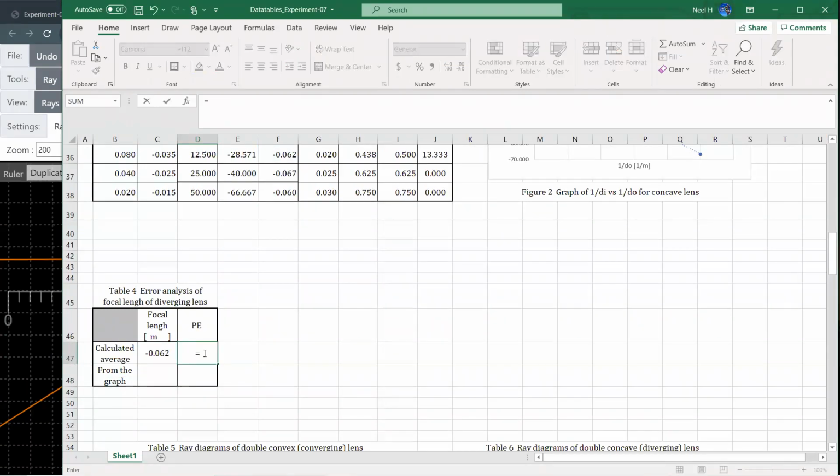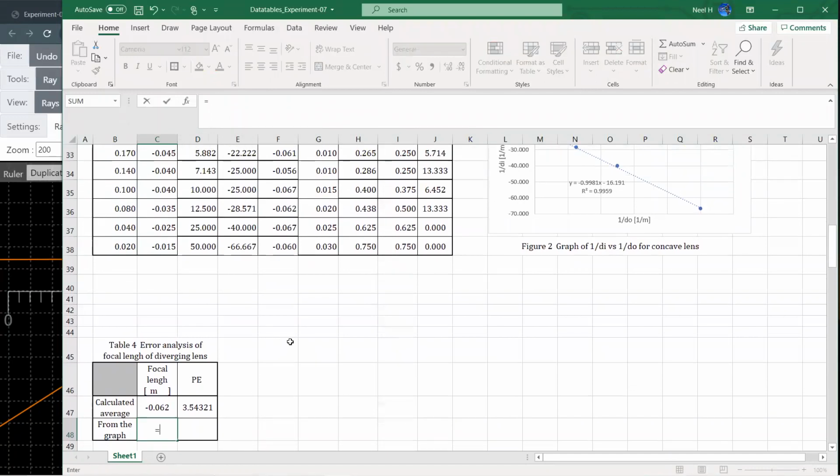And then let's compare with the expected value, which is -6, minus the calculated value in C47, divide by ABS parentheses minus 0.06, because it should be in meters unit, close brackets, multiplied by 100, about 3% error.